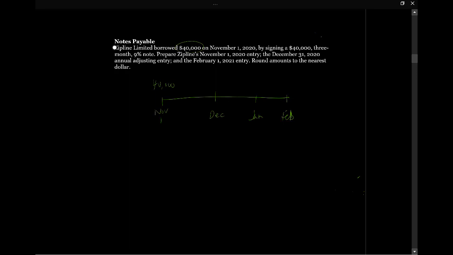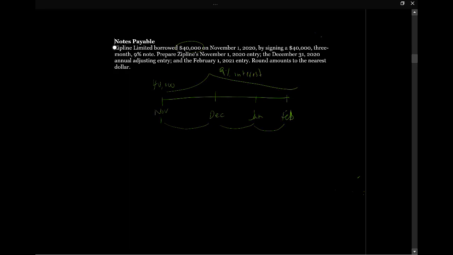You can see we've got month 1, 2, and 3. And it's going to pay interest at 9%. So we know that here we're going to have to pay 9% interest.